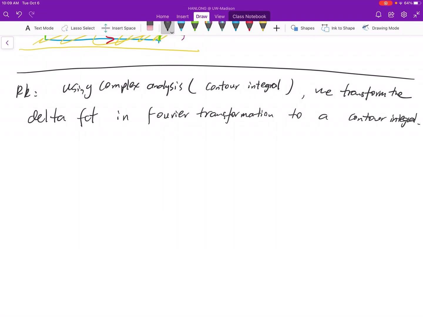The main technique is shifting the integral line up or down by a certain imaginary number.